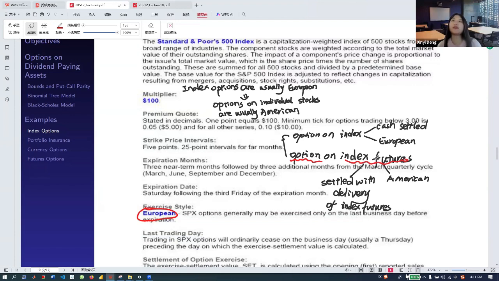It's a multi-layer derivative, settled with delivery of the underlying asset instead of cash, and it's also usually American style. So while index options are usually European, options on individual stocks as well as options on index futures are usually American, as you guys can see.